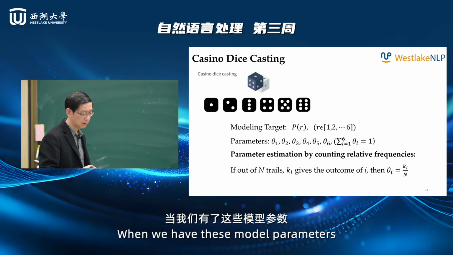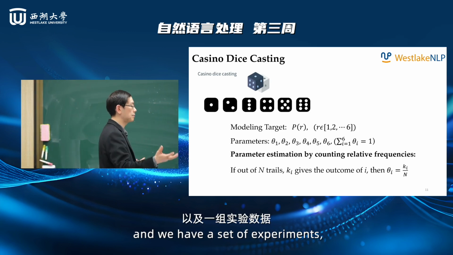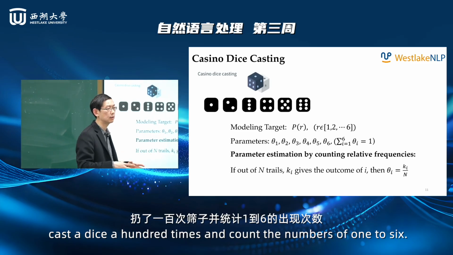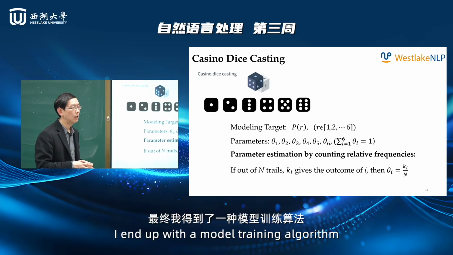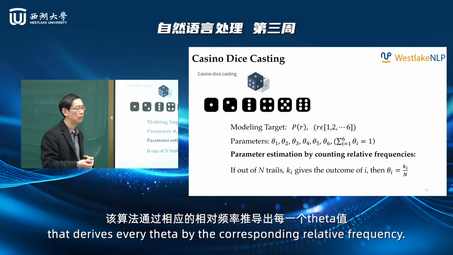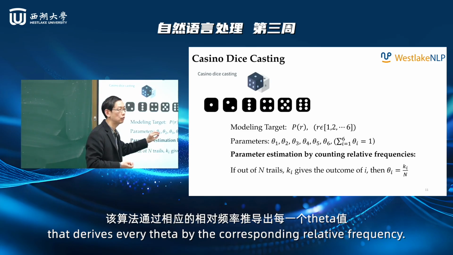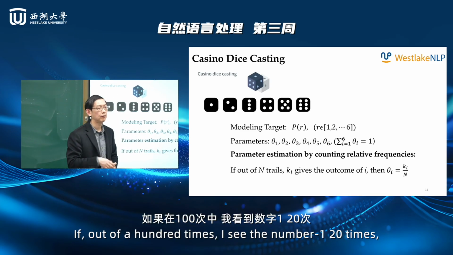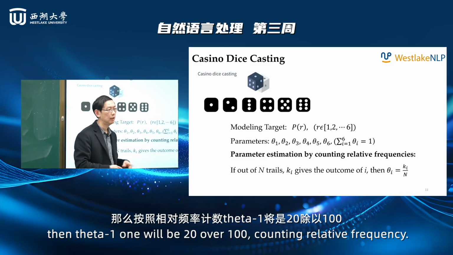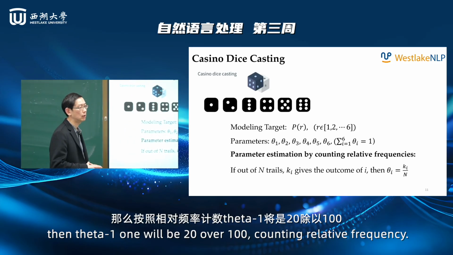So when we have these model parameters, and we have a set of experiments, I cast the dice 100 times and count the numbers of 1 to 6. I end up with a model training algorithm that derives every theta by the corresponding relative frequency. If out of 100 times I see the number 1 20 times, then theta 1 will be 20 over 100, counting relative frequency.